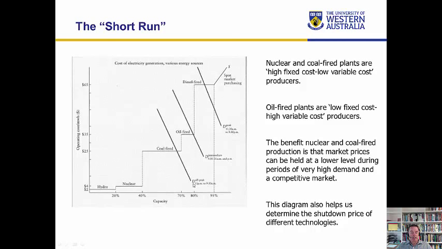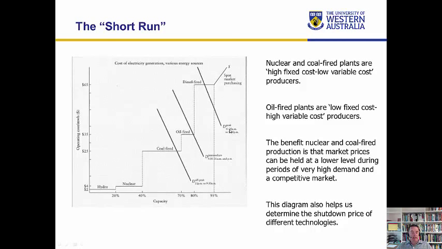For that much production, we look at the intersection of the demand curve and the supply curve, and we have this cost of $25 per megawatt hour for coal-fired electricity generation. The amount produced, well, the system would be at roughly 68% capacity, 67% capacity on the vertical axis.